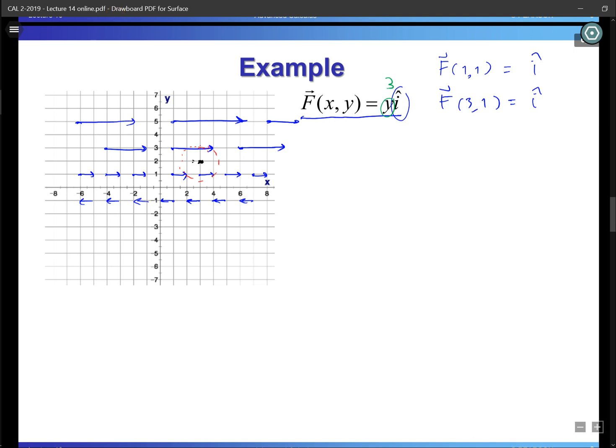So let's magnify this point. Let's say the point that I pick is (3, 2), and I magnify this point right here. This point has a neighborhood.